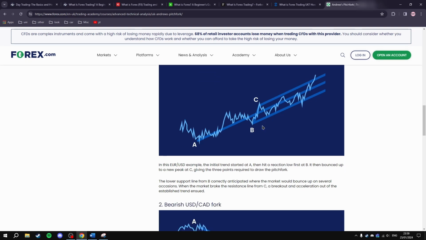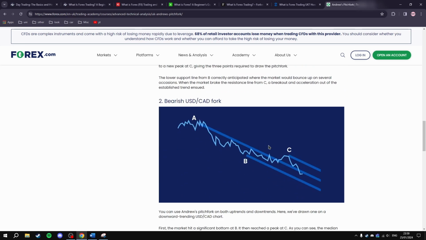The lower support line from B correctly anticipated where the market bounced up on several occasions, except for this bit here. When the market broke the resistance line from C, a breakout and acceleration out of this established trend ensued.